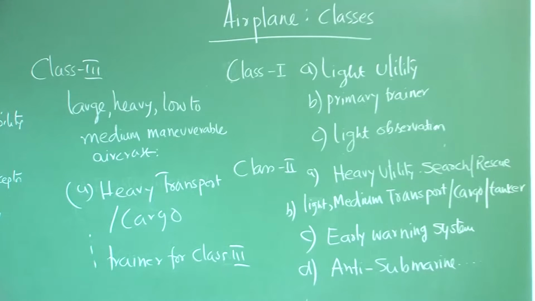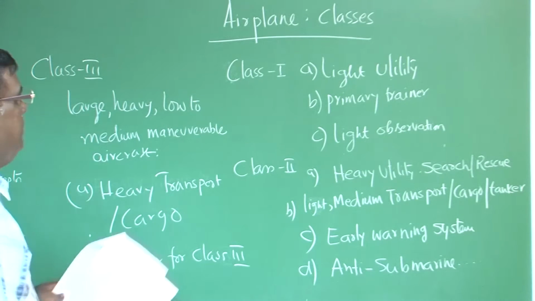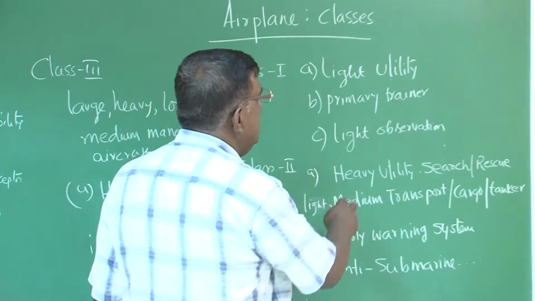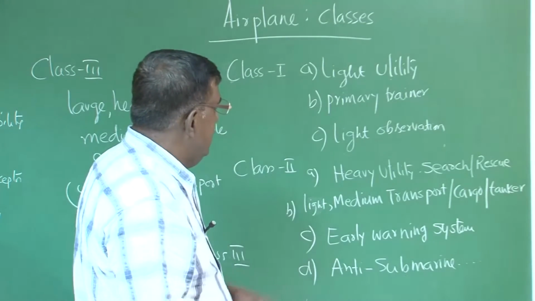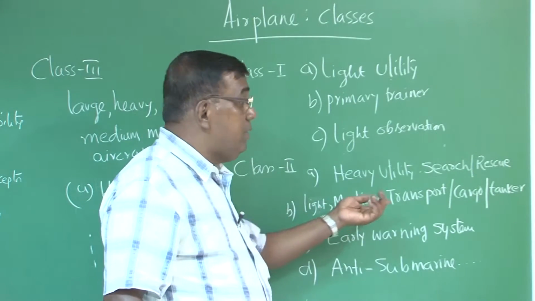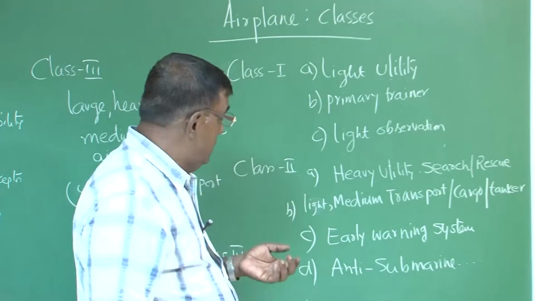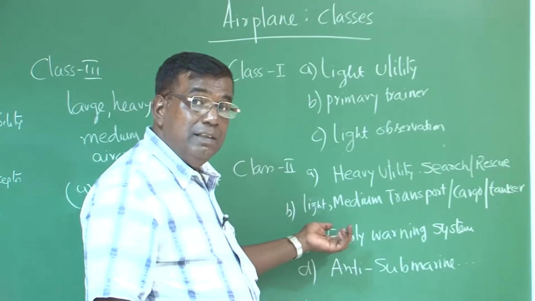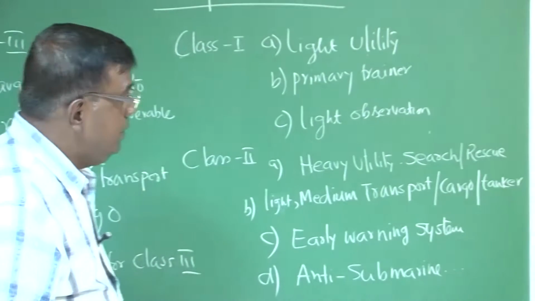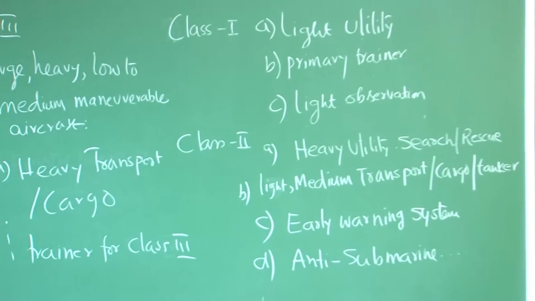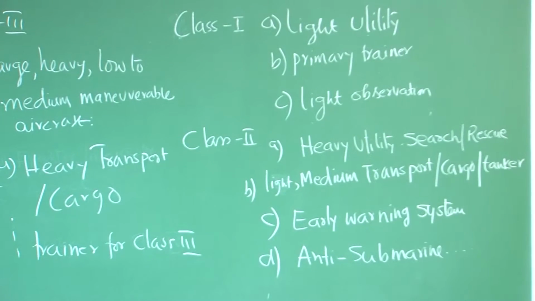In class 2, you have heavy utility, like search and rescue. It also has light and medium transport, cargo tankers, early warning systems, anti-submarine, and many other types of aircraft.